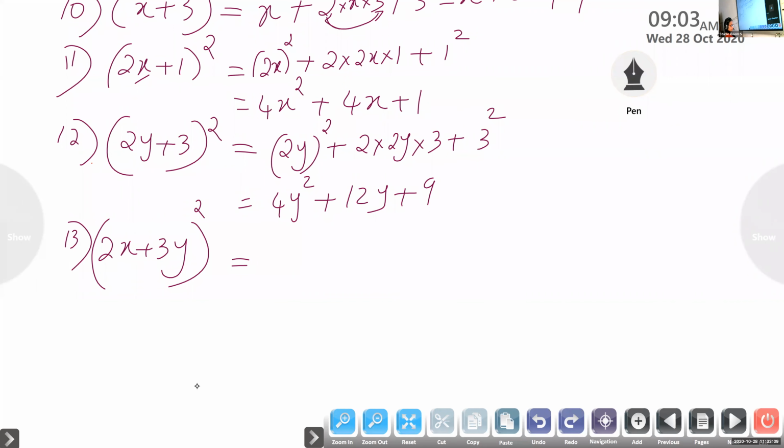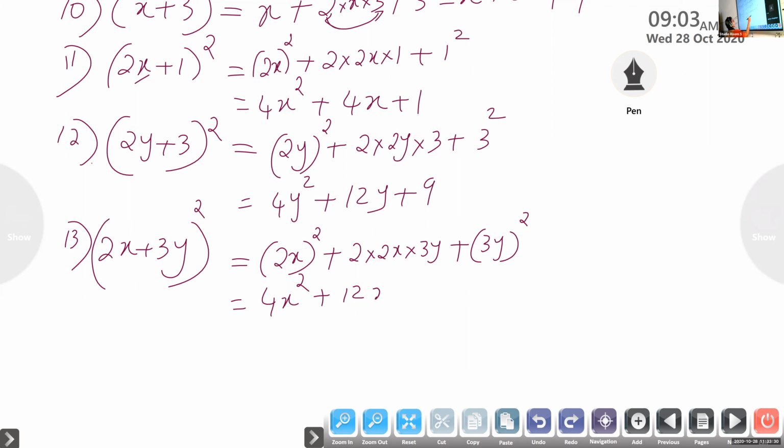So first term will be 2x the whole square plus 2 into 2x into 3y plus 3y whole square. Very good, that is 4x square plus 12xy plus 9y square.